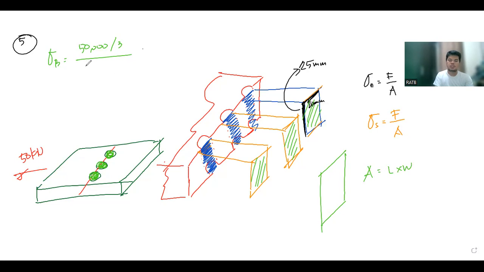So the area is 25 times 10 to the power of negative 3 times 20 times 10 to the power of negative 3.